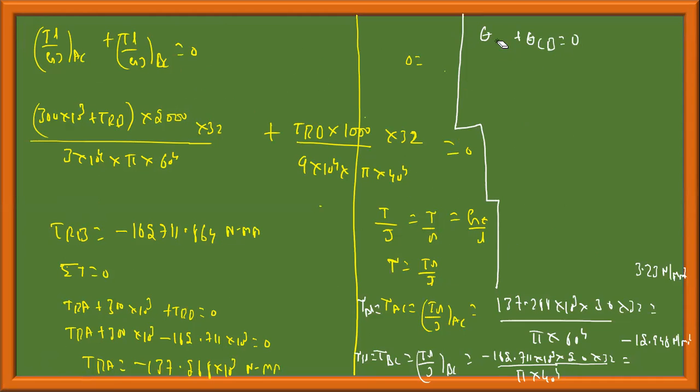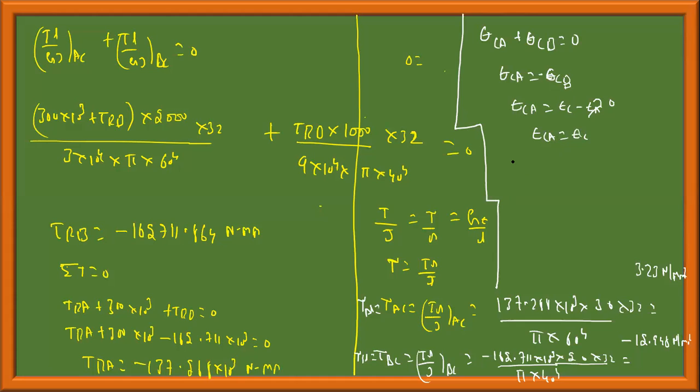Let me write theta CA, which is one and the same. Theta CA plus theta CB is equal to 0, or theta CA is equal to theta C minus theta A. Since theta A is equal to 0, theta CA is equal to theta C. You can either take theta CA or theta CB, which should give the same theta C. It is the angular twist at the center.